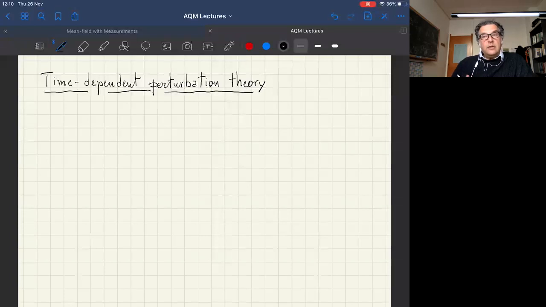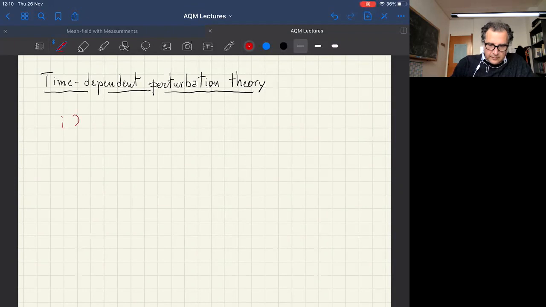So far, I remind you, we just did time-independent. So the problem was I have a Schrodinger equation that I don't know how to solve. I have an eigenvalue equation that I know how to solve. And I just use this knowledge to build up approximate eigenvalues and eigenstates of the, say, difficult problem. Now, in time-dependent perturbation theory, the problem is totally different.